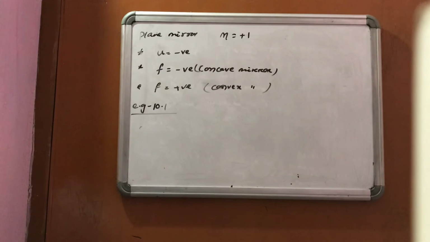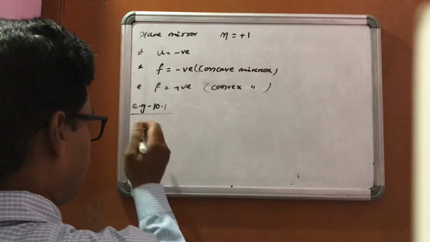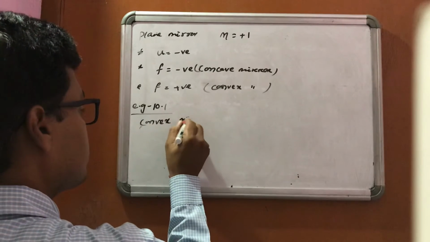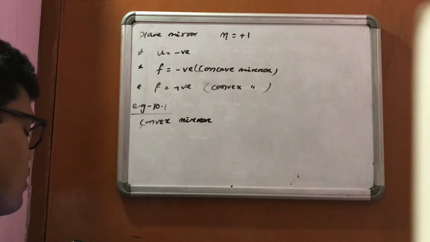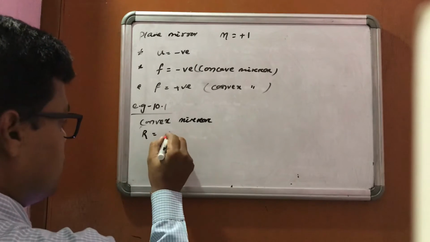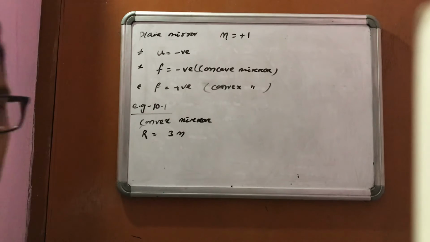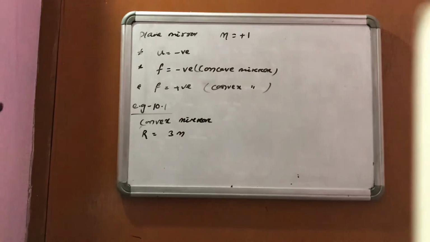This is based upon what? The problem is based upon a convex mirror. So I must note down that it is a convex mirror. And what is given? Radius of curvature is 3 meter. Remember, the mirror formula is only useful when you have taken the proper sign convention.